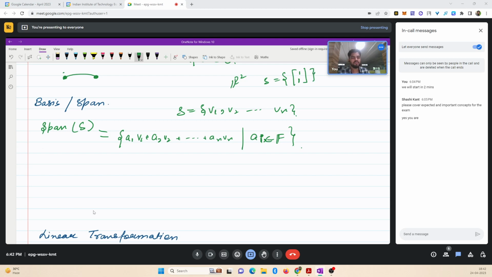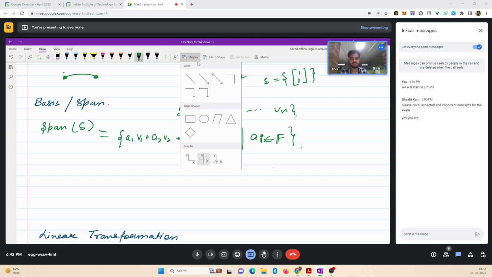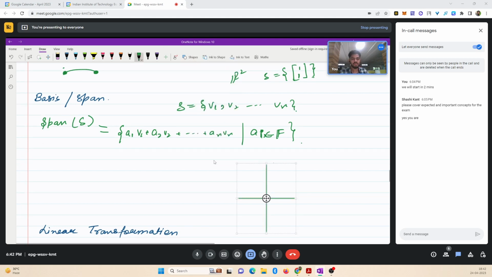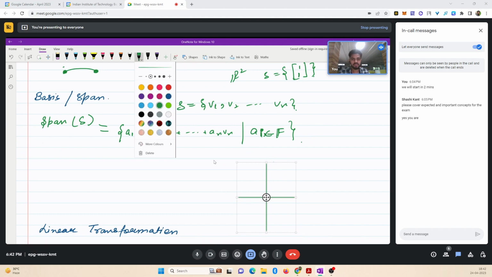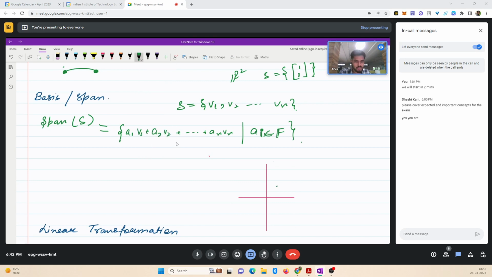So if we have some set, let's say (1, 1), this is my point (1, 1), then I take all the linear combinations.